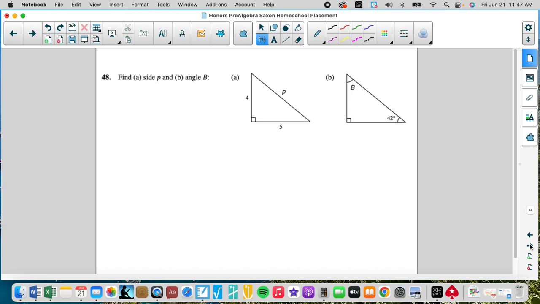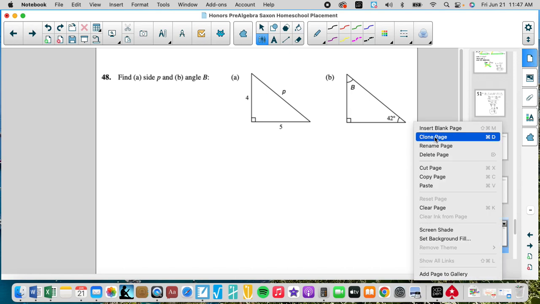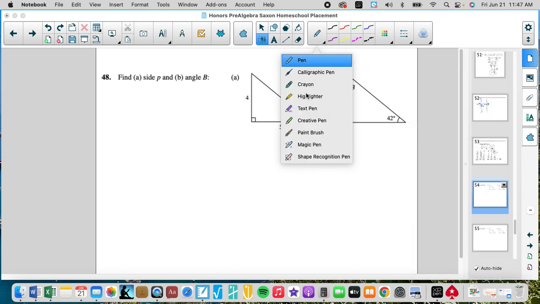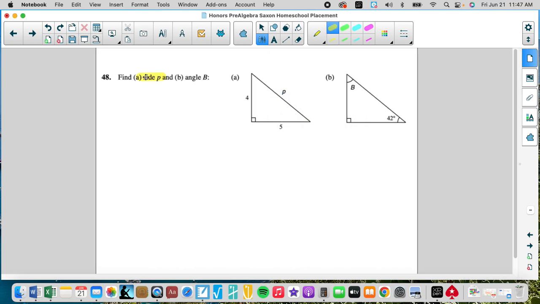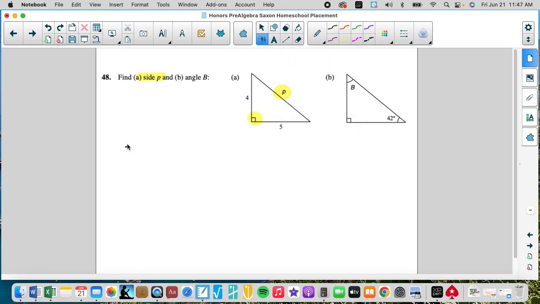Number 48, find side P and then find angle B. Okay, so let's clone that page because there are 2 questions here. First, let's find side P. It's a right triangle, so we're going to use the Pythagorean theorem.